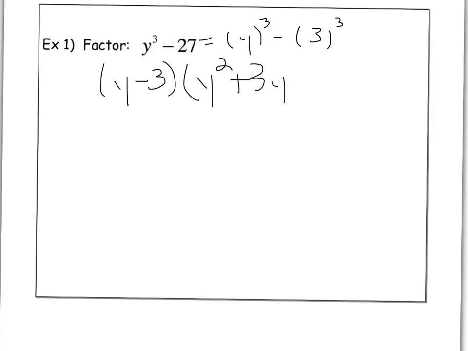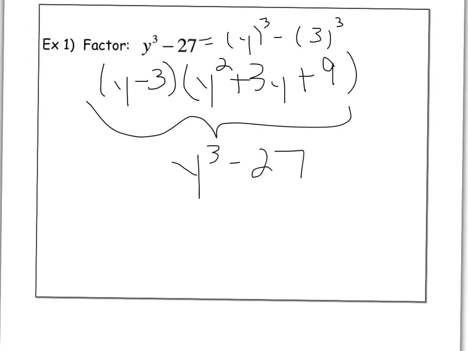And then the last sign is, remember, always positive, so this is a plus, and then that last term is always just this thing squared, so that becomes 9. So we have the quantity y minus 3 times the quantity y squared plus 3y plus 9. And remember, if you wanted to check this, if you multiply this whole thing out, you will end up with y cubed minus 27.